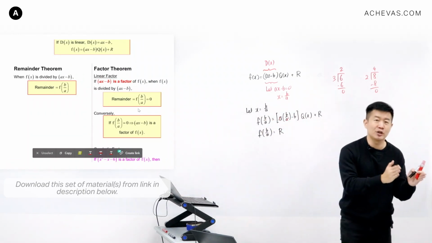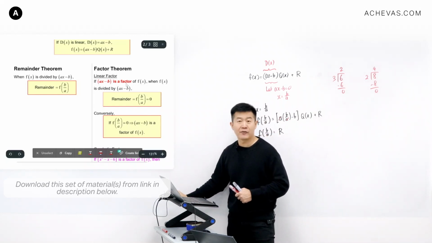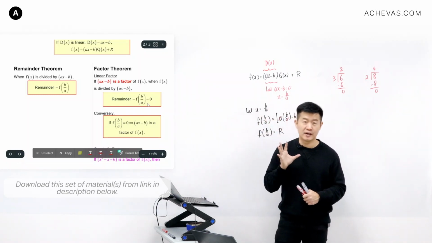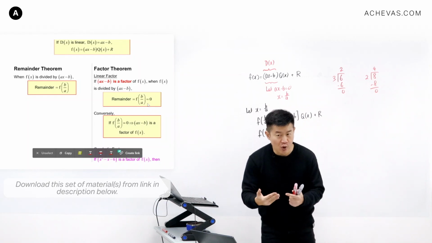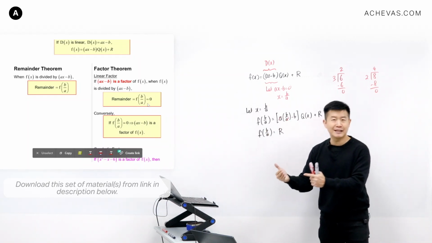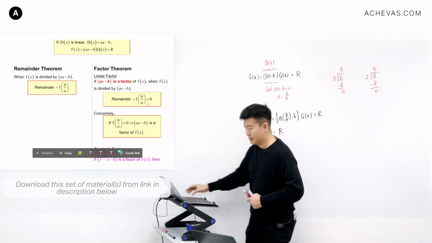It is an extension of the remainder theorem, except that if ax minus b is a factor, then the remainder, which is f of b over a, is equal to 0. But even more applicable to us in our syllabus is this.